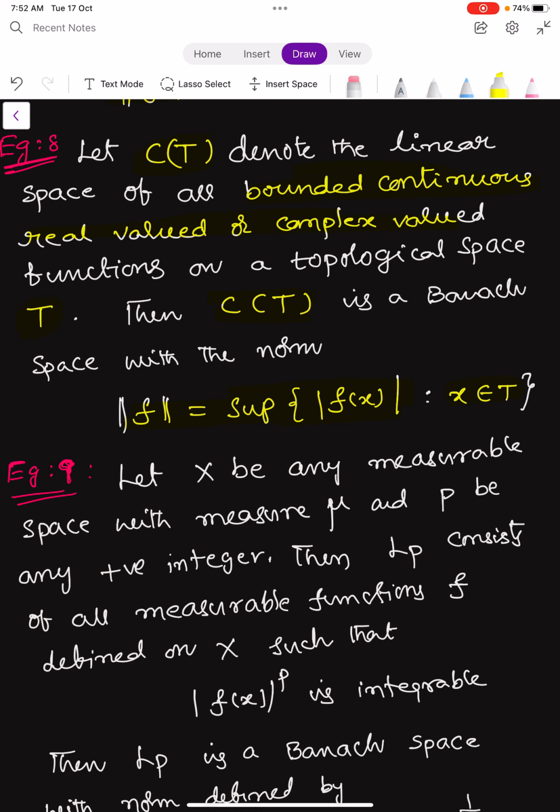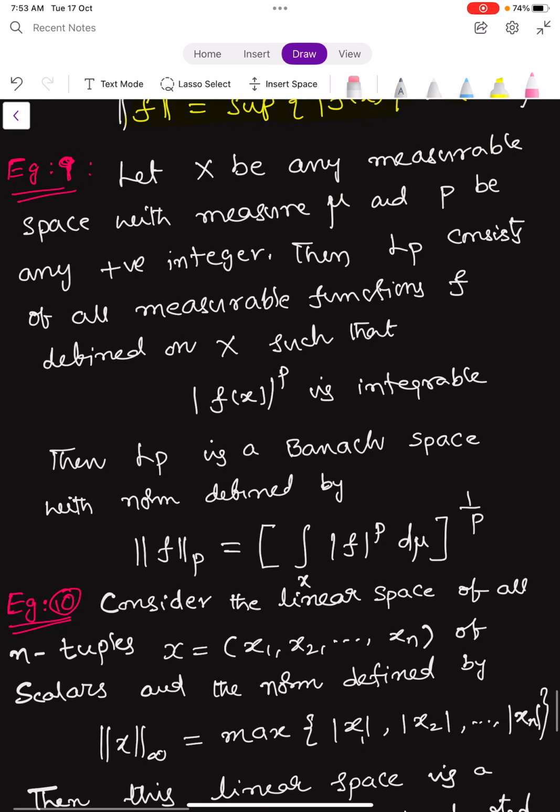In the first example, we chose a closed interval [a, b]. In the second one, a compact metric space X. In the third one, we use the topology T, but the nature of the norm is the same, supremum of |f(x)|.